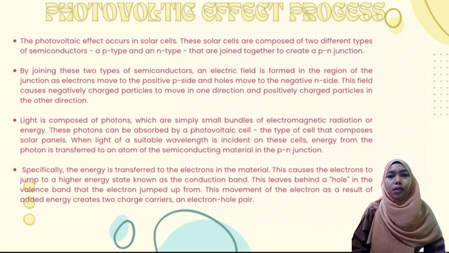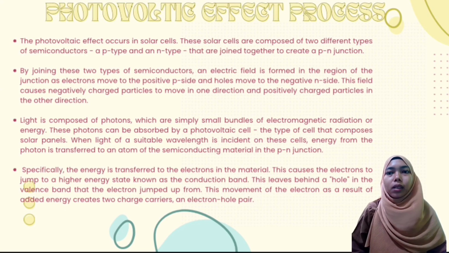The photovoltaic effect occurs in the solar cell. The solar cells are composed of two different types of semiconductor, which are p-type and n-type. They are joined together to create a p-n junction.